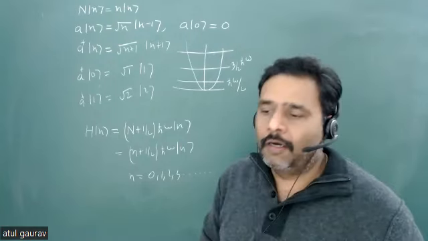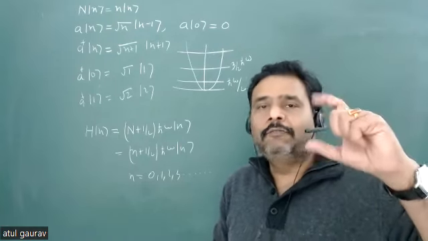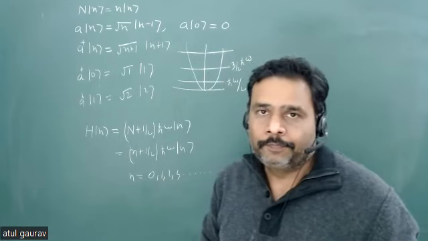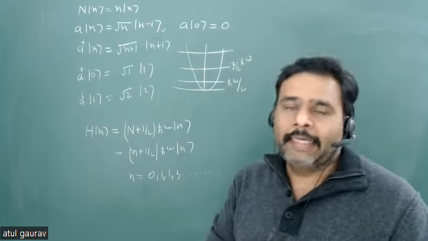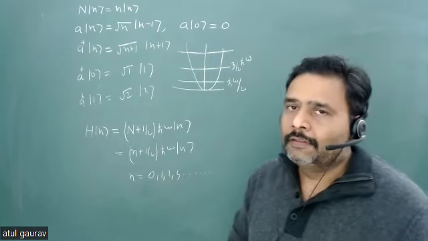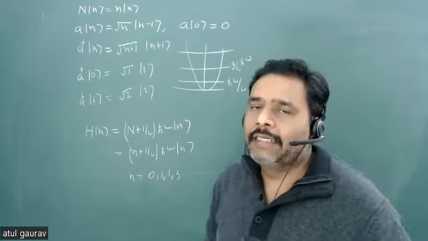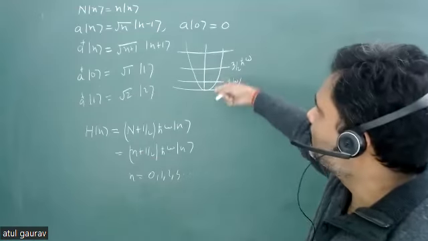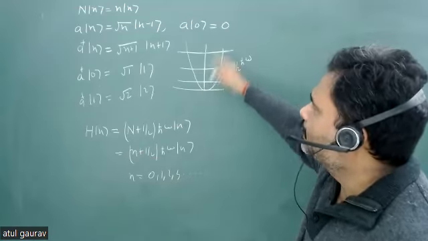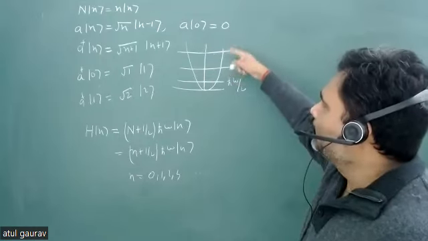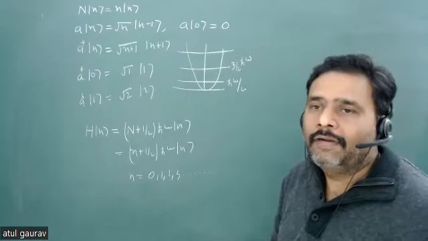In a particle in a box, the spacing is increasing between two consecutive levels, isn't it? The spacing between 2 and 1 will be smaller than between 3 and 2. You can easily calculate this. But here in the harmonic oscillator, the spacing is uniform, and the difference between consecutive levels is h cut omega.